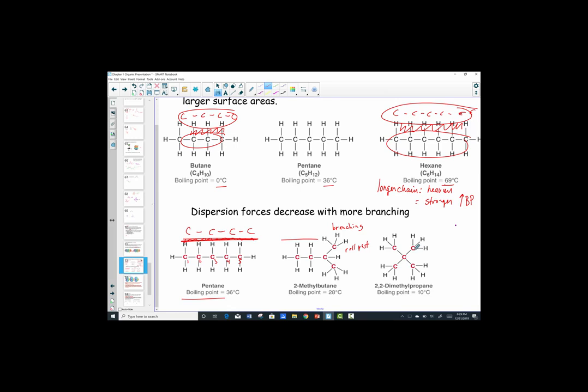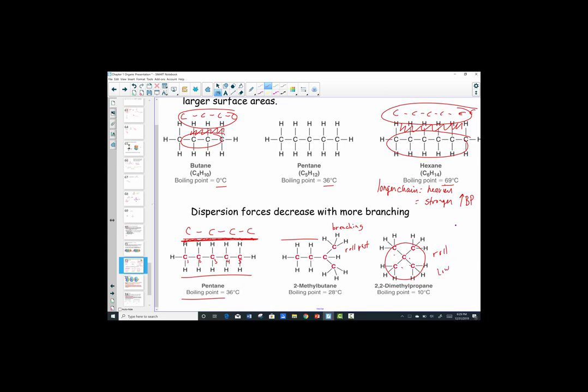And again, here's the same number of carbons, but this is just now one big giant ball of a molecule, right? It looks like a ball instead of a straight chain. These molecules are certainly going to roll past each other, having little opportunity to interact and set up dispersion forces.